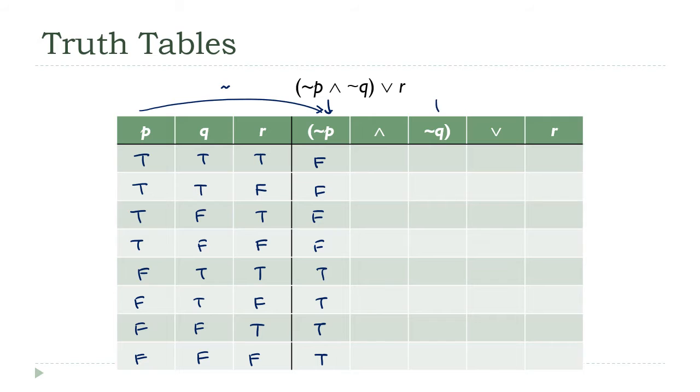I'm going to do the opposite of the Q column. So this will be false, false, true, true, false, false, true, true. And then this is just straight up R, no negation here. So I'll copy the R's over. True, false, true, false, true, false, true, false.